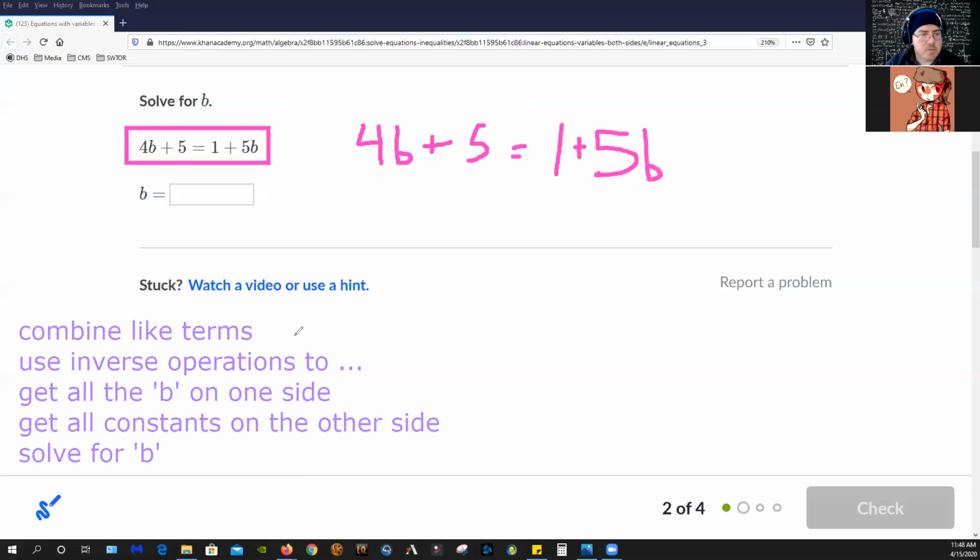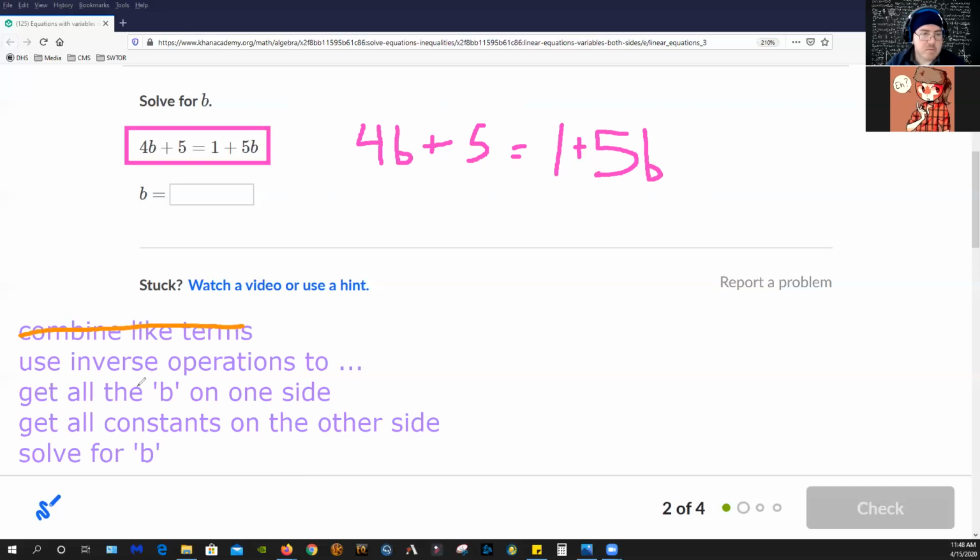Yeah, combining like terms, really there's nothing that can be combined because on the left side of the equation, there's a variable and then a constant, and on the right side of the equation, there's a variable and a constant. Nothing really mixes yet. So I've got to move on. So can't really do that.